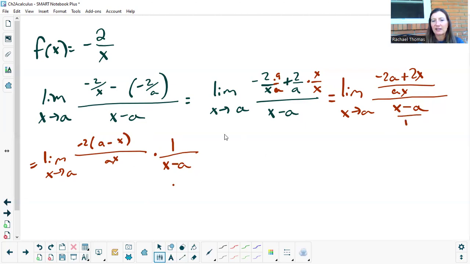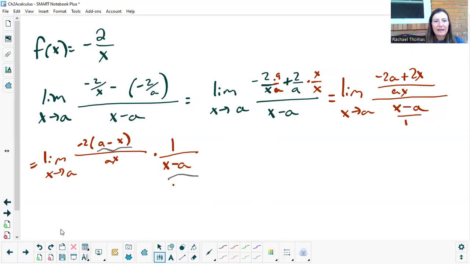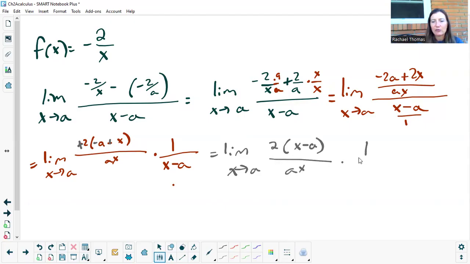I would really like to cancel this and that, but I can't because they don't have the right sign. So let's say I pulled out a positive 2, then this would be negative a and positive x. Limit as x goes to a of 2 times x minus a over ax times 1 over x minus a. Aha! Now I can cancel.